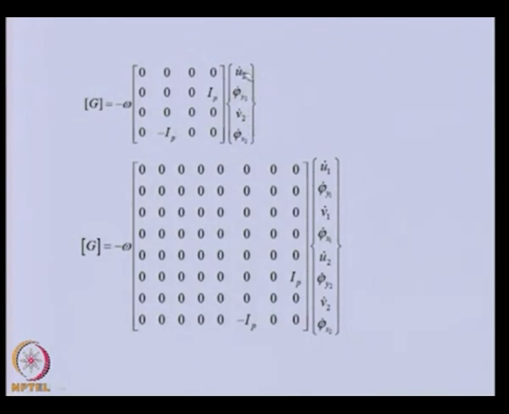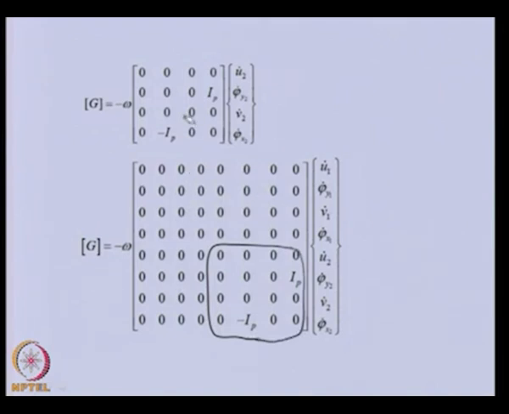Now, this equation we can expand. So, what I am doing now is writing this for node 1 and node 2 both. You can see these are for node 1 and these for node 2. So, basically this particular 4 by 4 matrix has come here, and all the other terms are 0.